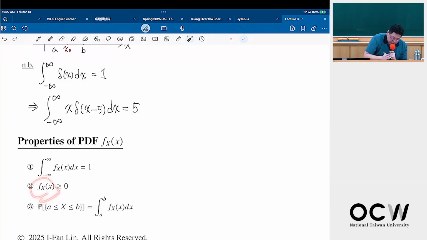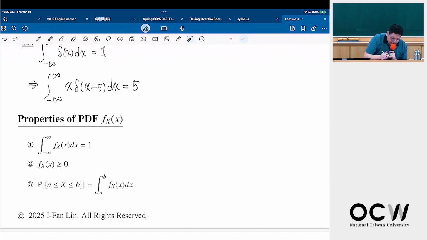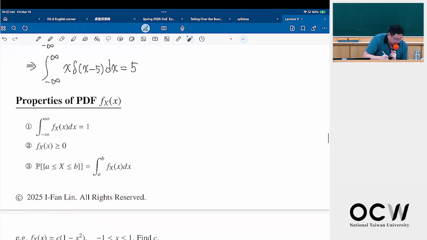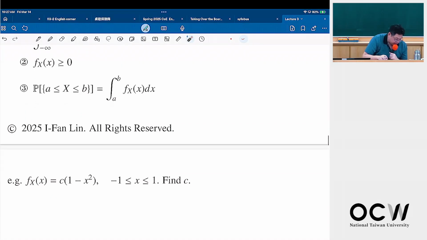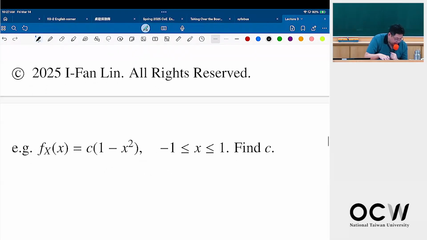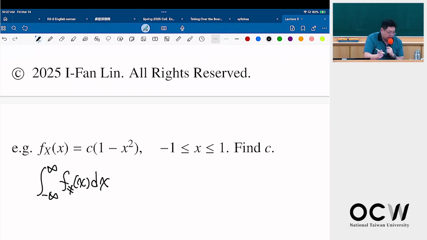Also, the density function should be greater than 0. And how do we find the probability? For example, if I say that this is a valid PDF, then I need to find the constant C, or the variable parameter C. A valid PDF means that if I take the integration of this PDF, it should be 1.